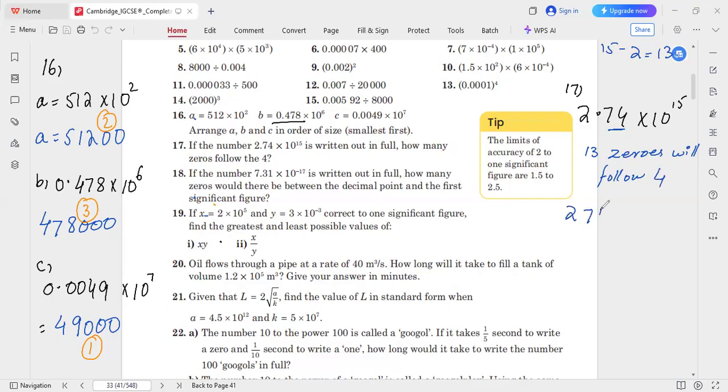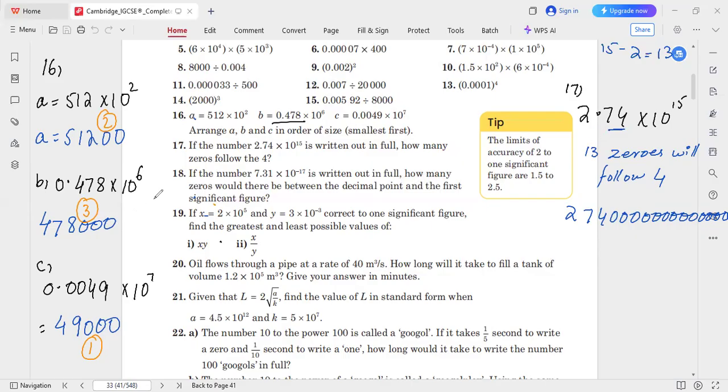The number will be 2, 7, 4, 1, 2, 3, 4, 5, 6, 7, 8, 9, 10, 11, 12, 13. 13 zeros will follow the number 4, because if I apply the decimal point here again, I need to count 15 numbers, and in that counting of 15 numbers, 7 and 4 will also be included. That's why we will be having 13 zeros after this 4.